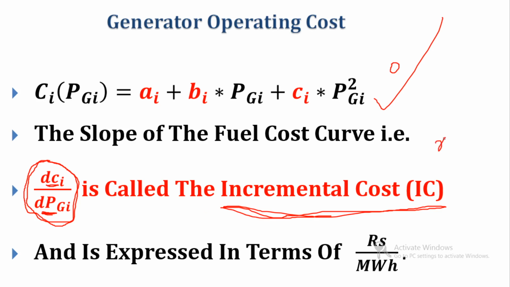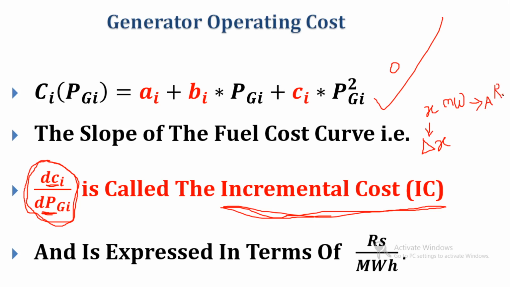Suppose my plant is x megawatt, and I want to increase the generation from x megawatt by delta x megawatt, and suppose for this x megawatt the cost is a rupees per hour.